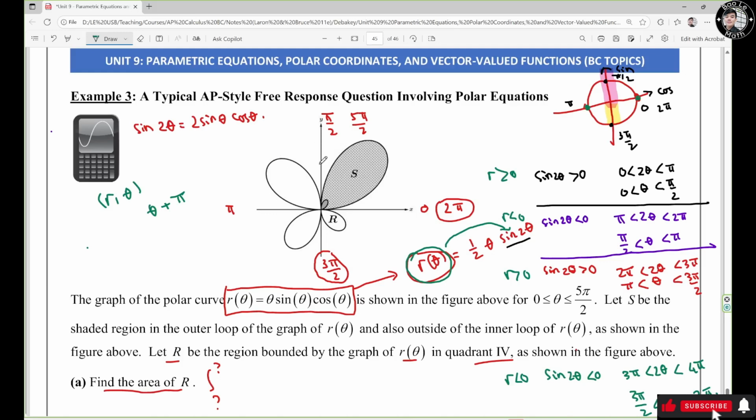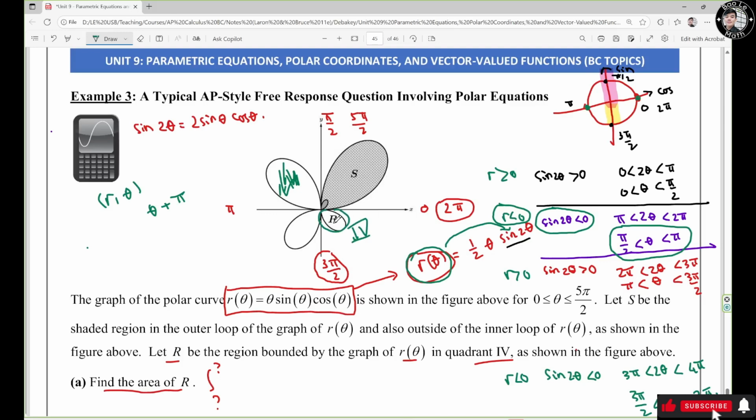If you look at this one right here, the interval from pi over 2 to pi, which is quadrant 2, sine 2 theta is less than 0. This makes the radius less than 0, right? Because the radius is less than 0, the point (r, theta) is plotted in the direction of theta plus pi, which is in quadrant 4 right here.